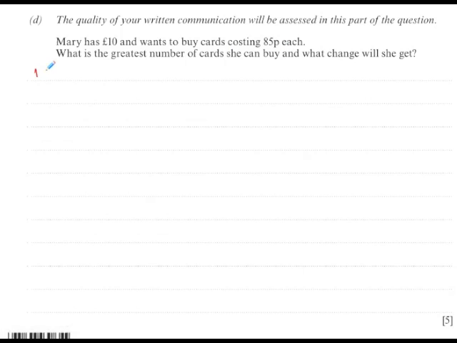So we'll say 10 cards will cost 85p times 10 equals 850 pence, which is the equivalent of £8.50.